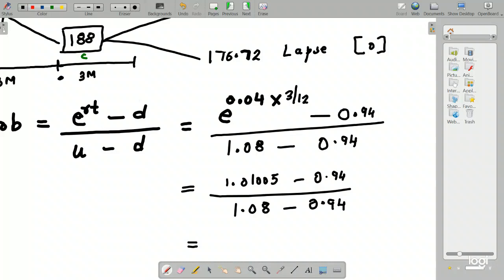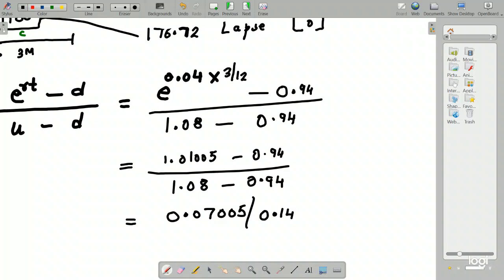So this is coming as 0.07005 divided by 0.14, right? And what's my answer? My answer came as 0.5003. You may say that it's 50-50, but let's see. I'm going with whatever the 4-digit number that we are having.